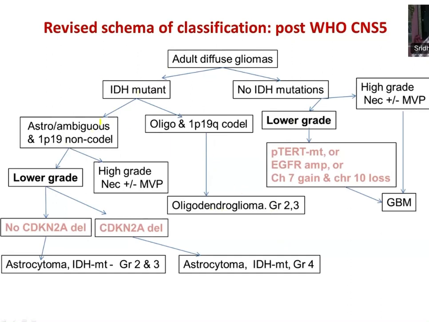In IDH mutant tumors with lower grade histology, you should demonstrate CDKN2A deletion. If there is no deletion, you can grade 2 or 3. Without information on CDKN2A deletion, you cannot call something grade 2 or 3. Wherever you don't have the information, you should say the grade cannot be assigned due to lack of information about CDKN2A gene status.